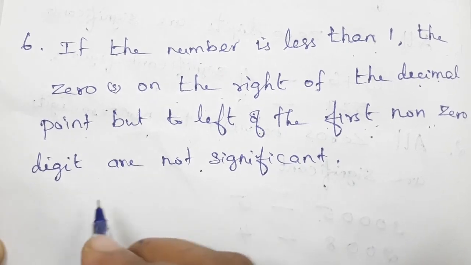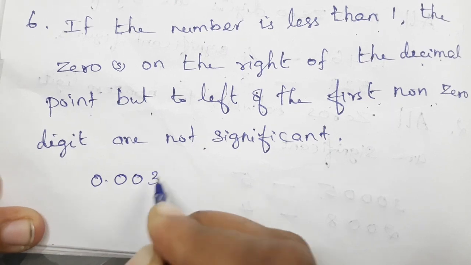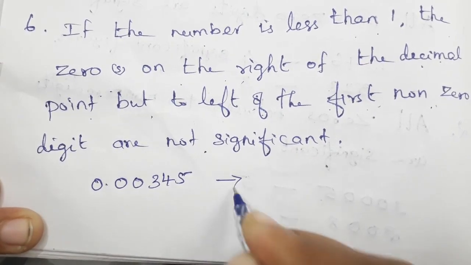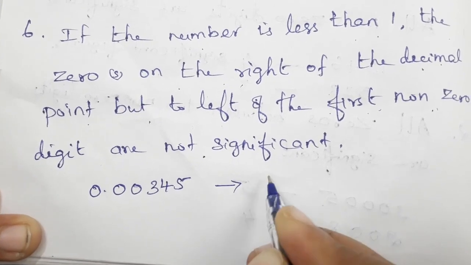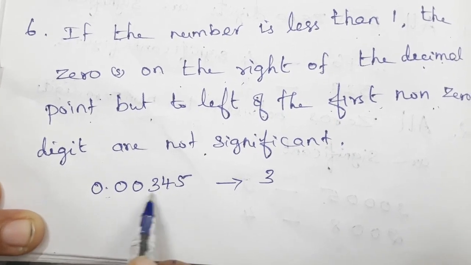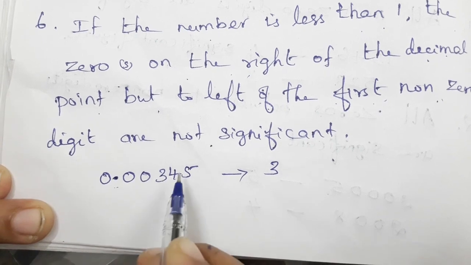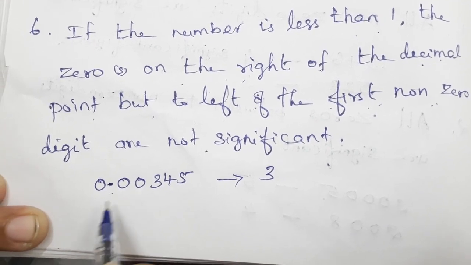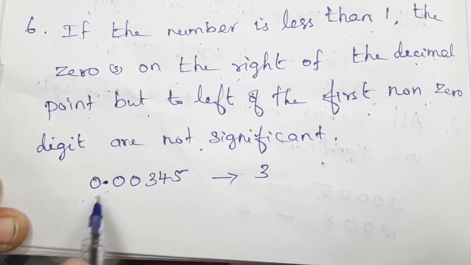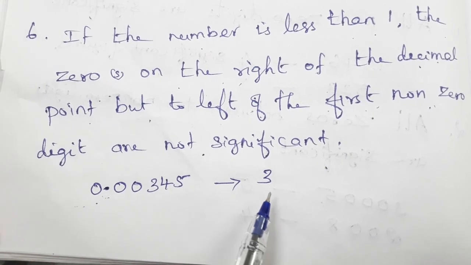For example, 0.00345. It has how many significant figures? 3 significant figures. That is, the zeros to the right of the decimal point and to the left of the non-zero digits are not significant when the number is less than 1. So 1, 2, 3. So it has 3 significant figures.